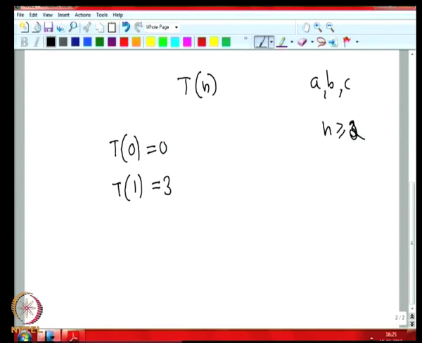Because there is no 0 length word at all, and for one length words you can have either A, B or C. But for 2 length words, AA is not allowed, any other 2 combinations are allowed. So you can have AB, AC, and BC.